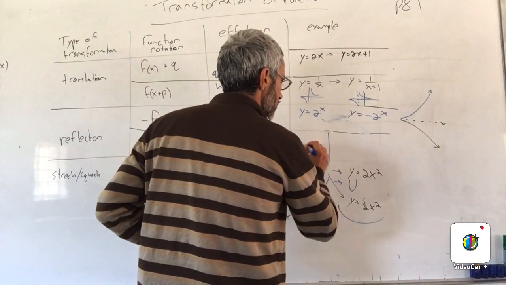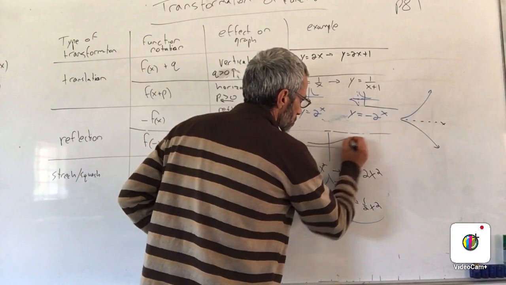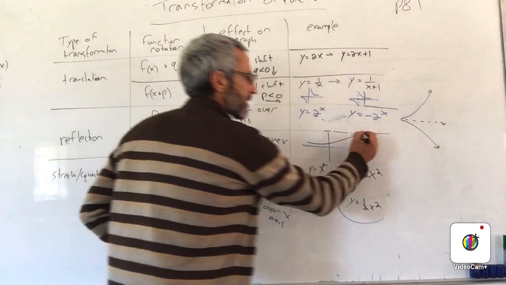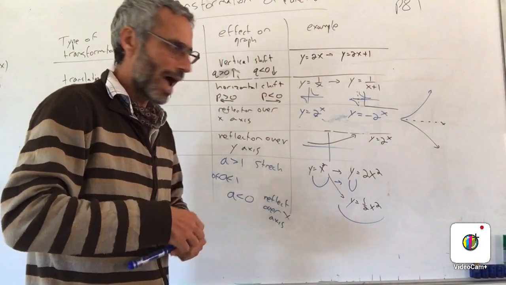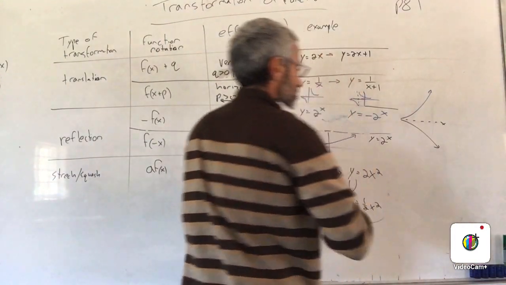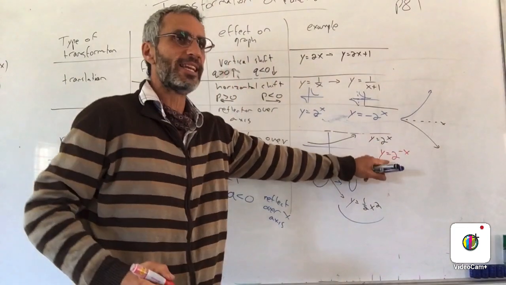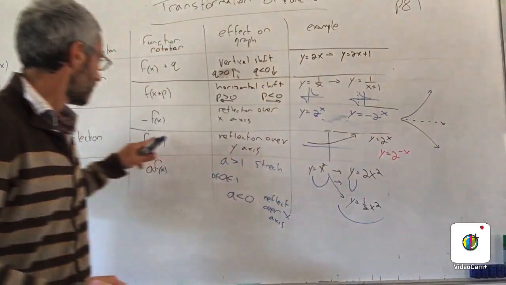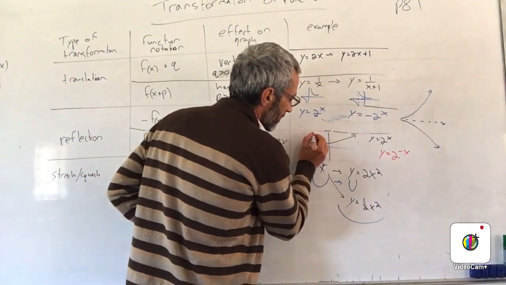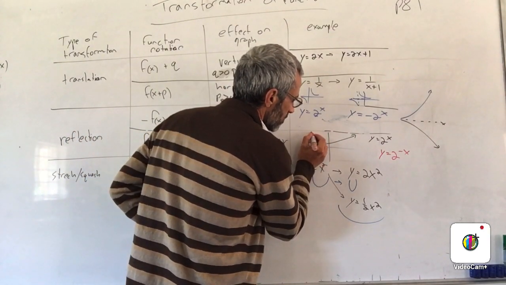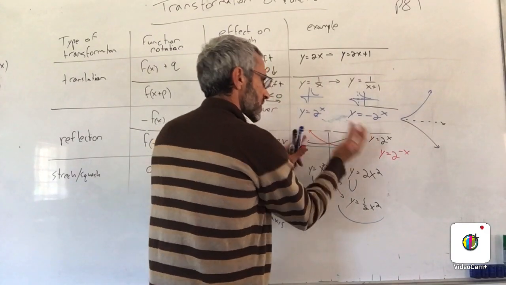Let's have a function that is like this. Let's say this is y equals 2 to the power of x. If I want to draw y equals 2 to the power of minus x, that's an example of taking a function and instead of putting x, I'll put minus x. What's going to happen is reflection over the y-axis. And you see that?